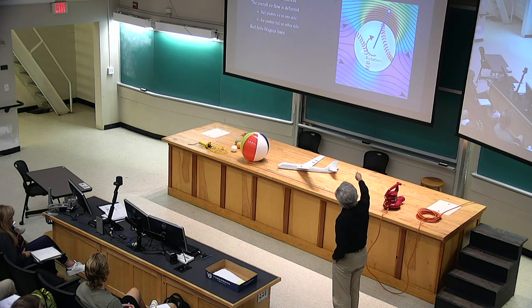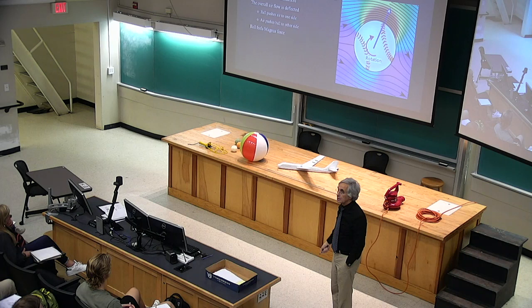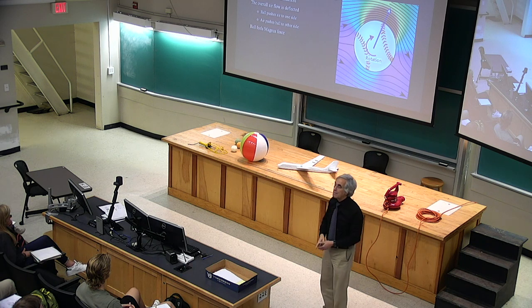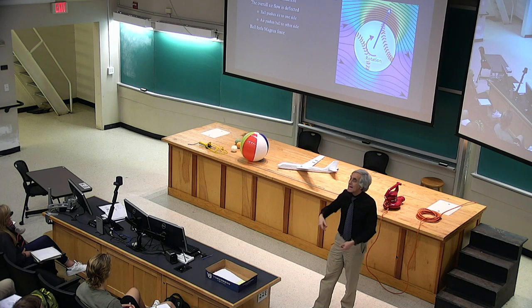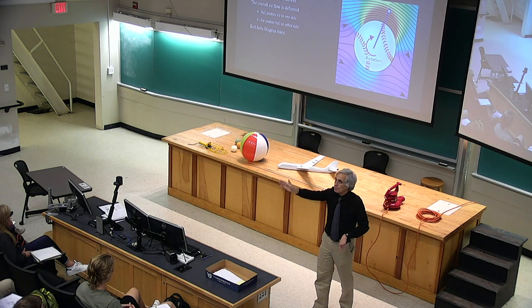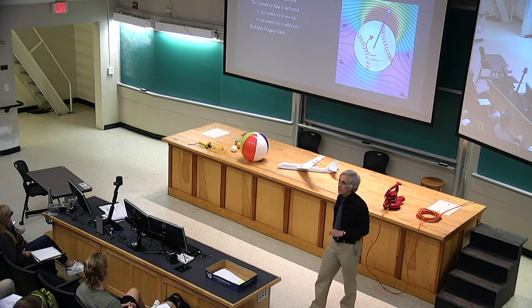By spinning it this way, you get the low pressure on this side, and so the ball is going to accelerate towards the low pressure. But if you spin it the other way, the low pressure is going to be on this side, and it's going to accelerate towards that. So by picking the axis about which the ball is spinning and how fast it's spinning, you can determine which direction it will curve and how sharply it will curve.